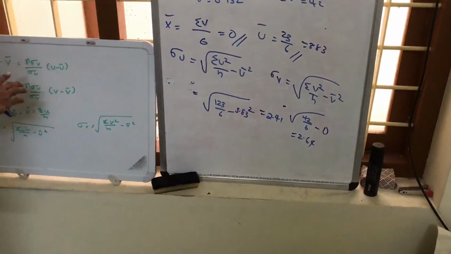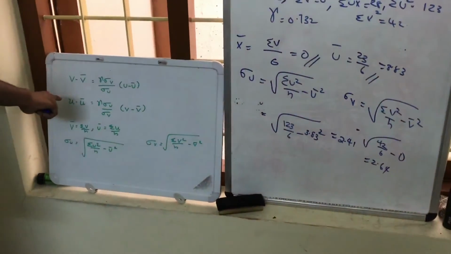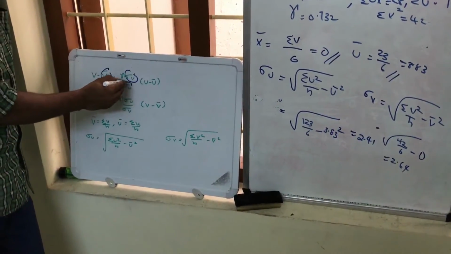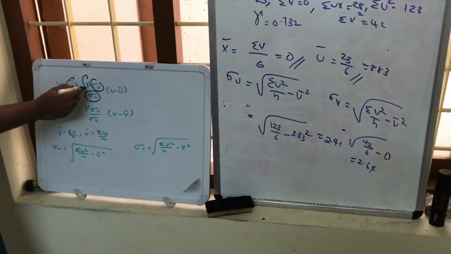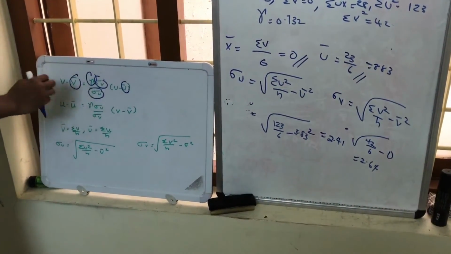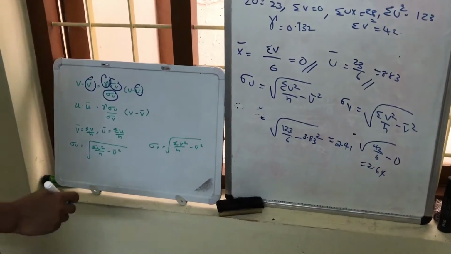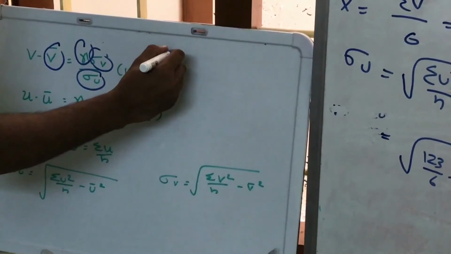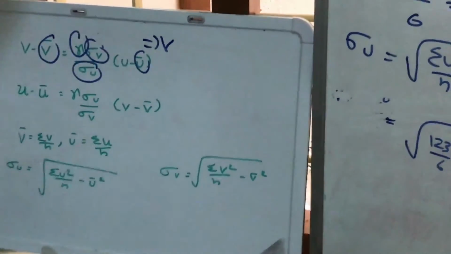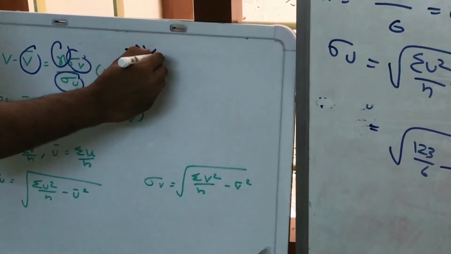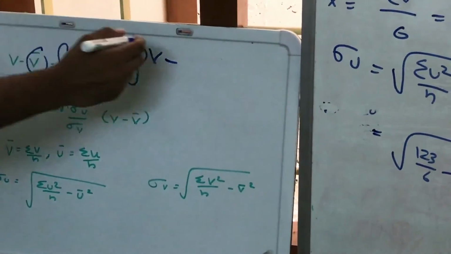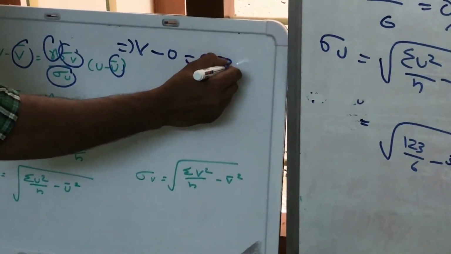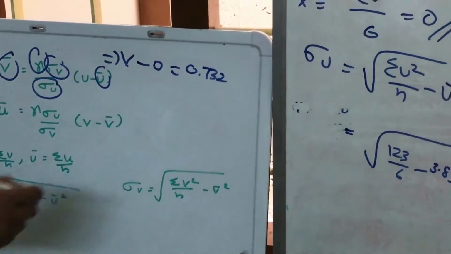Now for the given equation, we have V bar, we have sigma V, we have sigma U, we have gamma, we have U bar. So substitute all those things. For V bar, we do not know, it is a variable, so we will write it as V itself minus V bar. V bar means 0, is equal to gamma 0.732. We have found it 0.732.